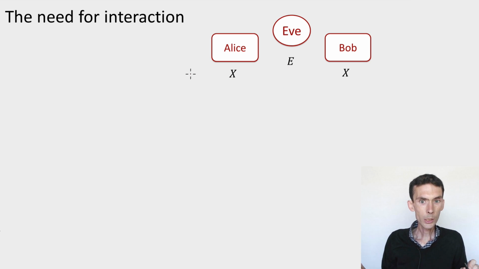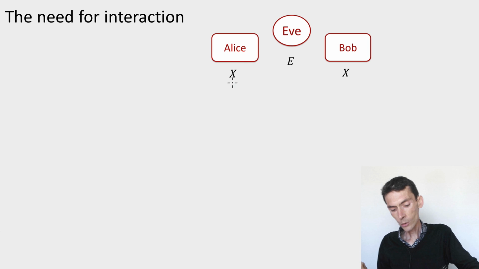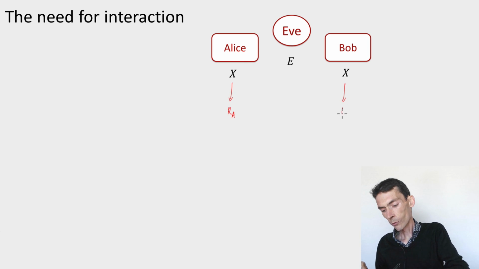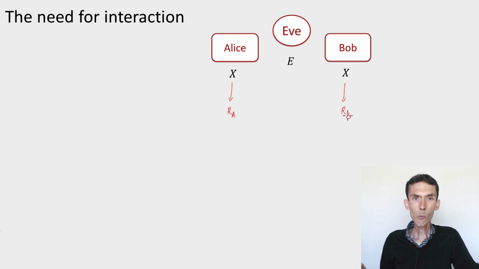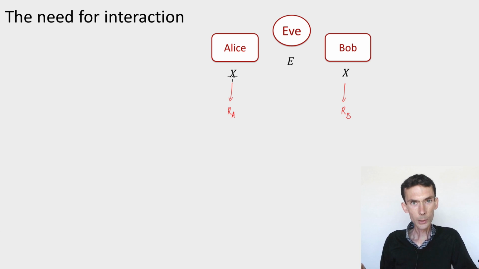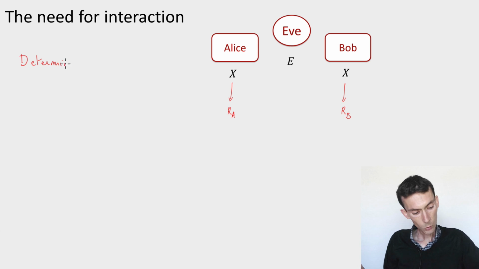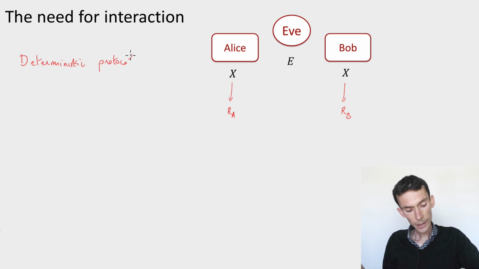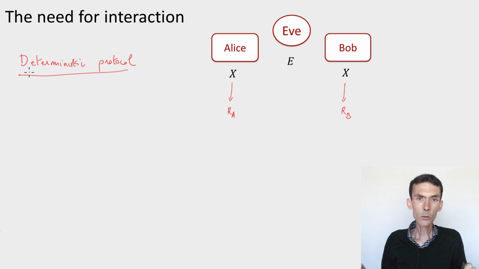Well, let's assume that there is no communication. So Alice locally comes up with a string RA, Bob locally comes up with a string RB. Now, if we want these two strings to be equal, then it means that the process by which you construct R from X has to be deterministic. Now, suppose that we have a deterministic protocol that somehow reduces the length of X in order to produce something that's independent of the eavesdropper.